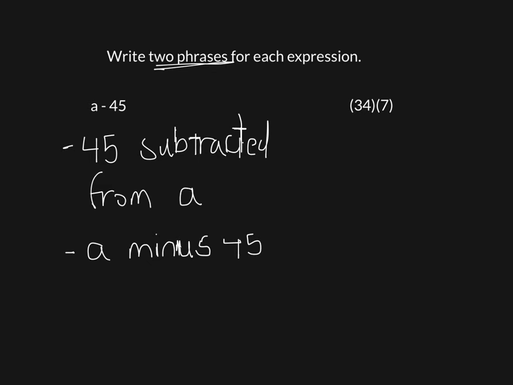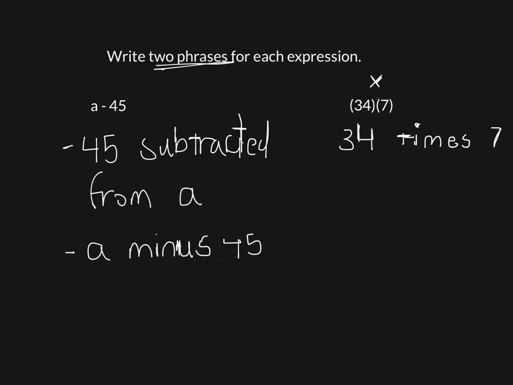Now remember, this one is actually a multiplying because we have parentheses that are next to each other, which signifies that you need to multiply them. Okay, so I could say 34 times 7. That is an option. I could do 7 groups of 34.